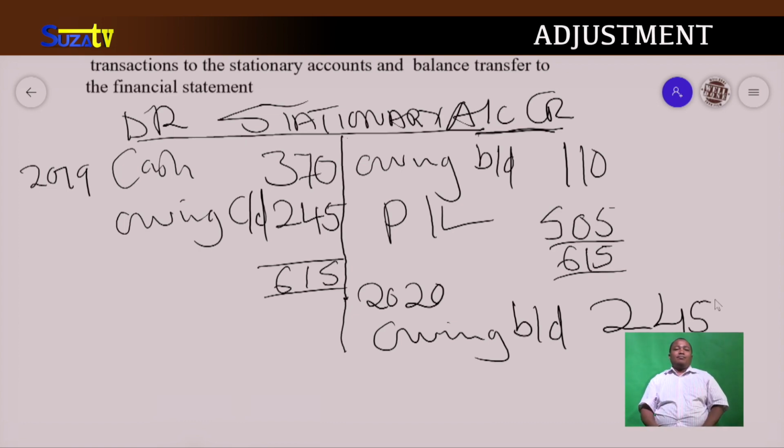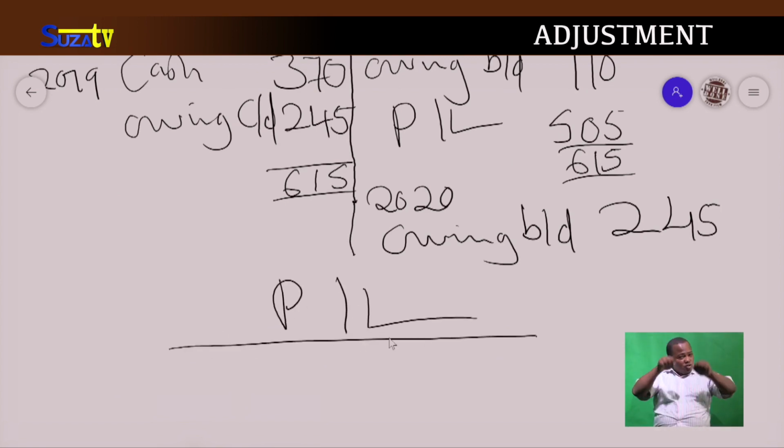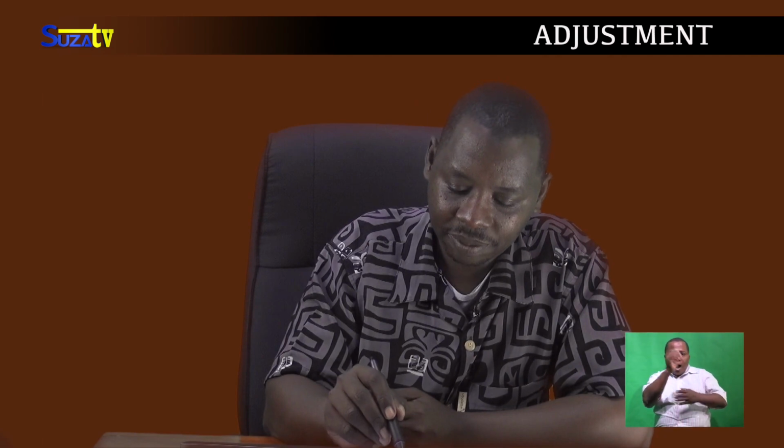And the difference between the debit side and credit side, 505, should be transferred to P and L. Record here stationery 505.